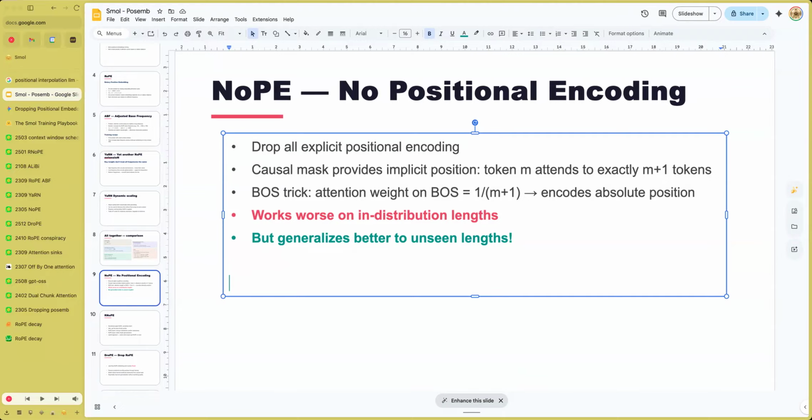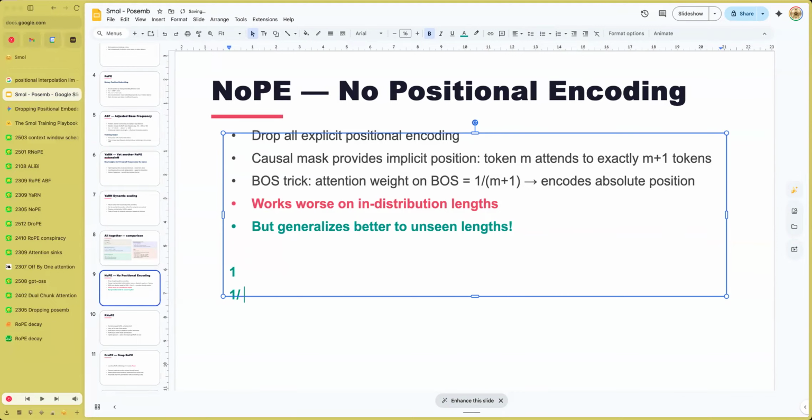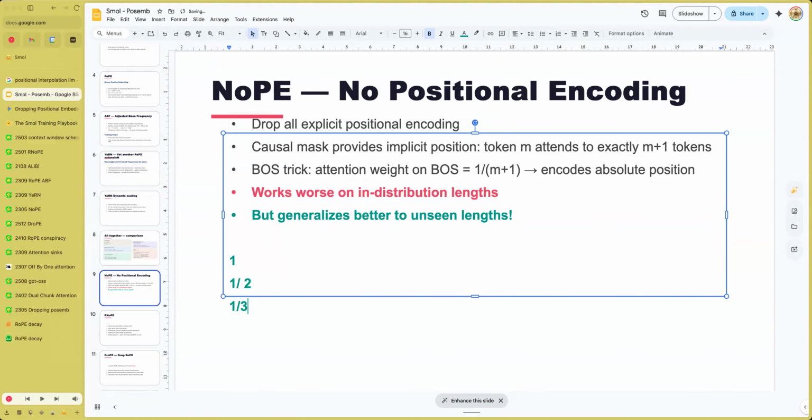Then when we softmax them, we'll see this picture for softmax attention scores. The first token will see one full score.